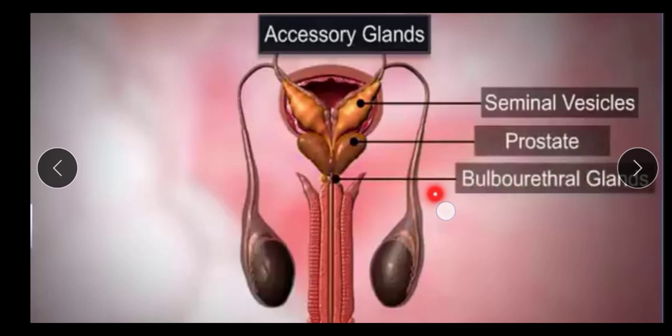The last gland is the bulbourethral gland, also called Cowper's gland. Cowper's glands open into the urethra, and their secretions are slightly alkaline, act as a lubricant for the penis, and also neutralize any urine in the urethra.